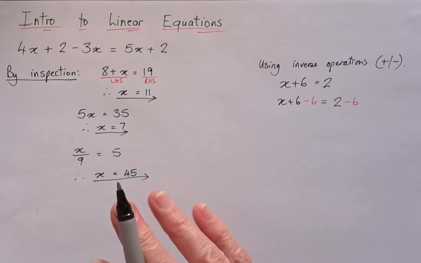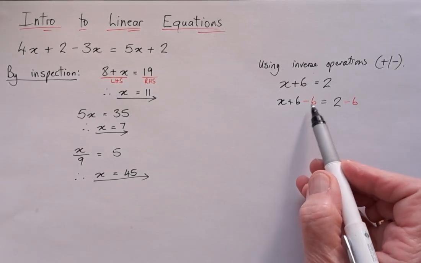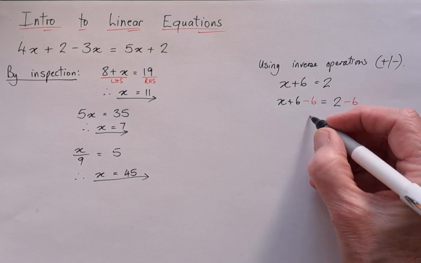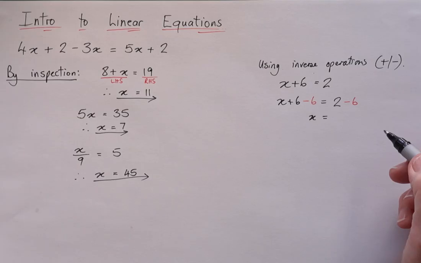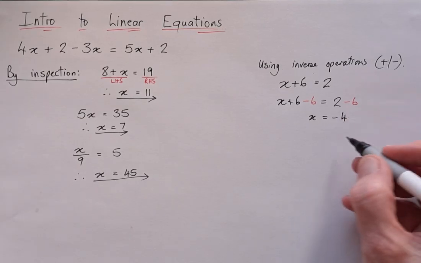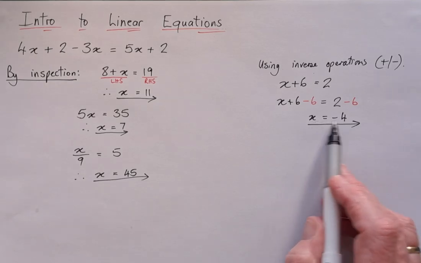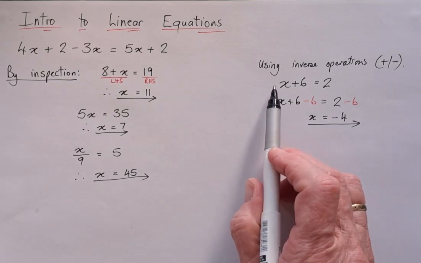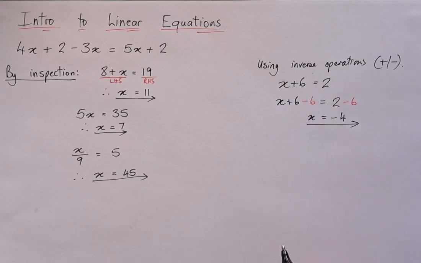I'm doing something on the left and something on the right. So x plus 6 minus 6, that comes out to be 0, so I'm just left with x on this side, and 2 minus 6 is going to take me into the negatives and give me an answer of negative 4. And if I were to substitute that back now into the place of x, negative 4 plus 6 would give me 2, and the right-hand side is 2.